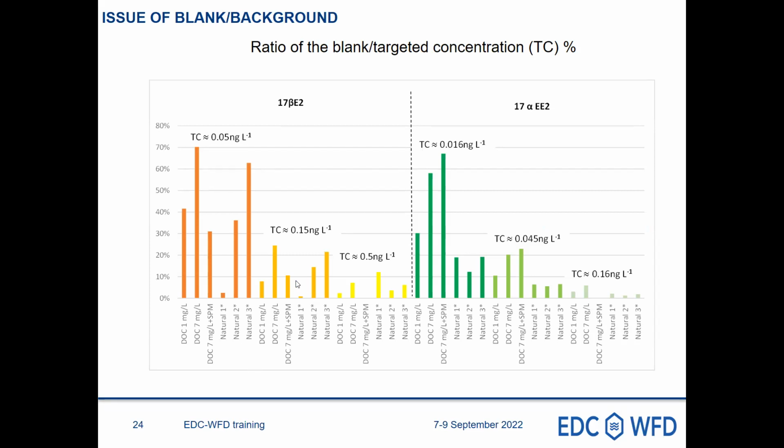You will have different ones, but all of them will be based on the same philosophy. You have the ratio of the blank on the targeted concentration, TC. Here is an example for two substances, 17 beta estradiol and 17 alpha estradiol, for one lab. And here you have the different matrices that were tested, and here the different concentrations: LOQ, 3 LOQ, 10 LOQ, and each time it will be the same. And here you have the information about the targeted concentration.